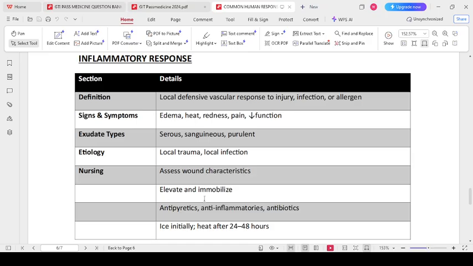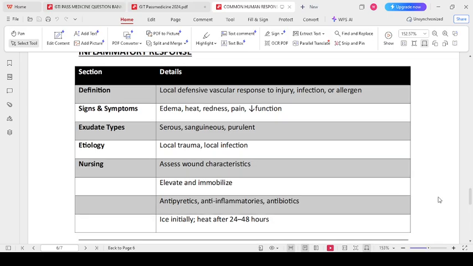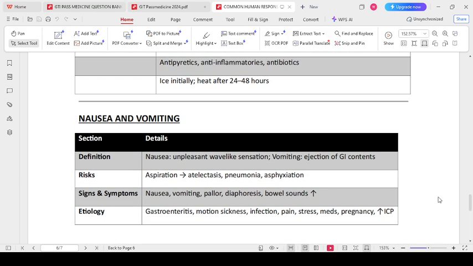She has to elevate and immobilize the respective organ. She has to give the patient antibiotics or anti-inflammatories. She has to use ice initially and then heat after 24 to 48 hours.